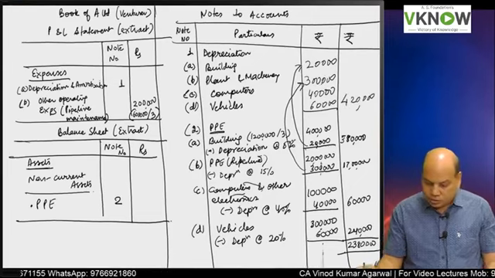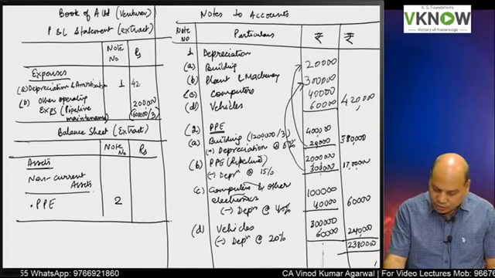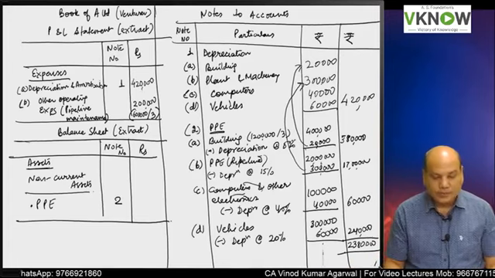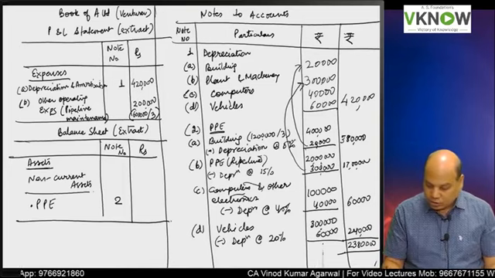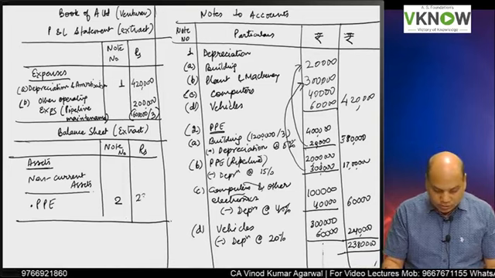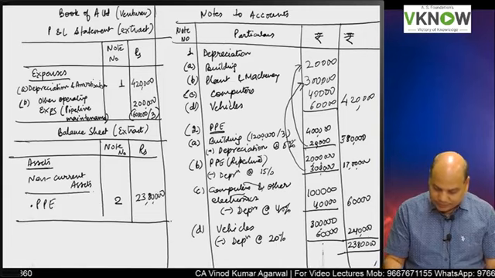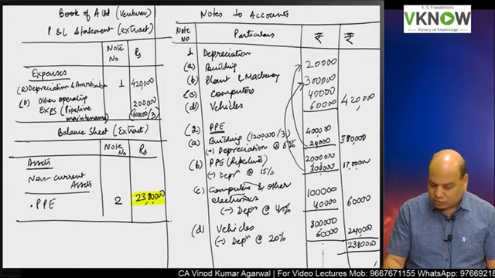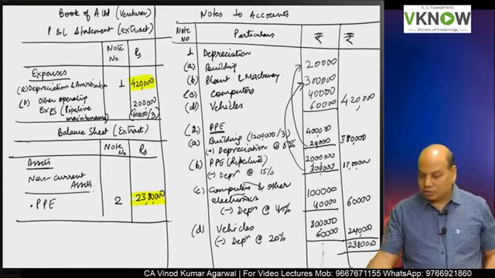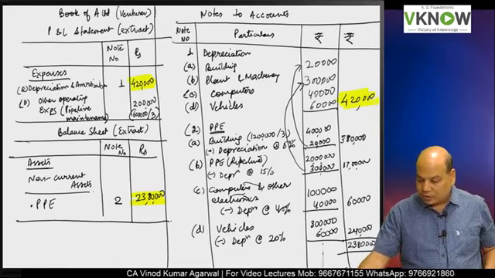This is your notes to account. So write down 4 lakh 20,000 on the main page over here, and in the balance sheet you write down 23 lakh 80,000. This way the student has to present the answer nicely and he will get full marks.